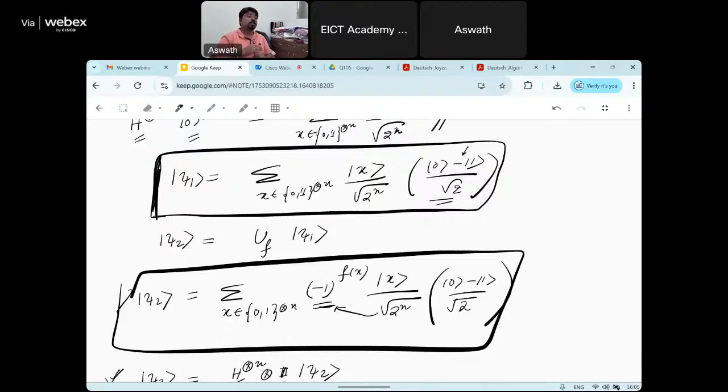Deutsch's algorithm means find the multiple function values, sum them up together in one shot. And if the function happens to be constant or balanced, you can find the nature of that function also in one step. So all those things in one step, like three birds in one shot. In a way, it is a computation time reducing algorithm.